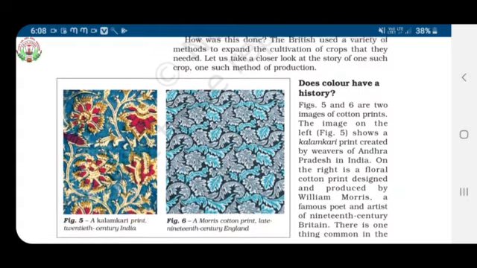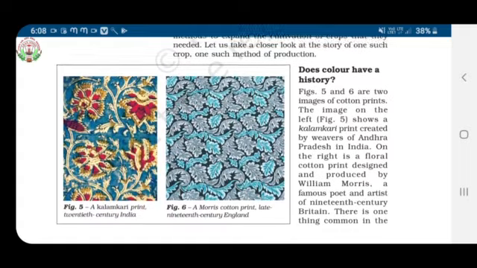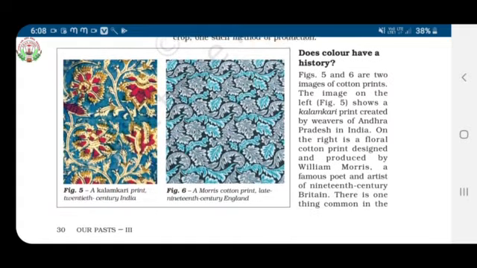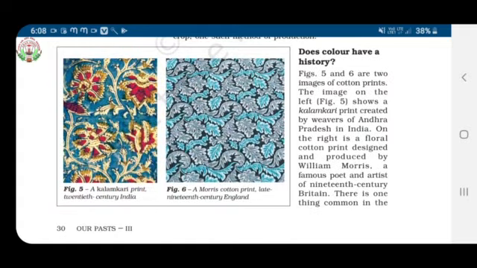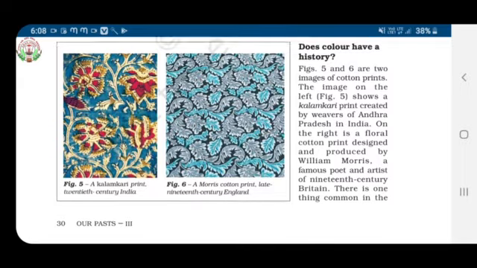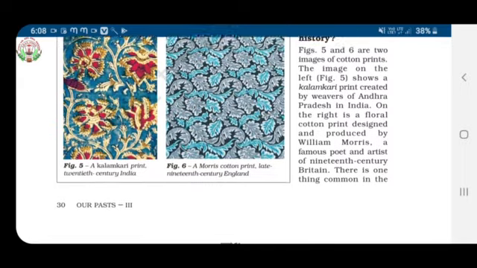So, here you can see the two images of cotton prints. First is figure number 5. It shows a kalamkari print created by weavers of Andhra Pradesh in India. And the next is figure number 6, the floral cotton prints designed and produced by William Morris, a famous poet and artist of 19th century Britain.